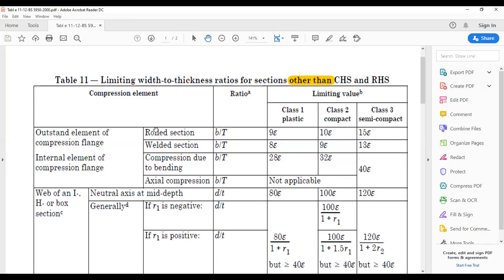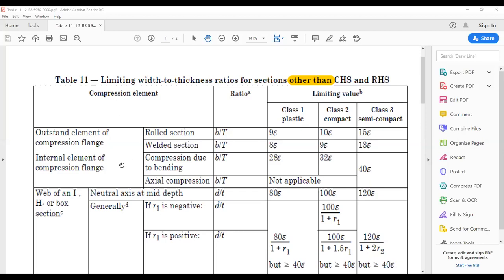Now, recall the various section properties that we discussed earlier. On the first column, we have the compression element. That means on the section, we first have to consider the section element which is under compression.